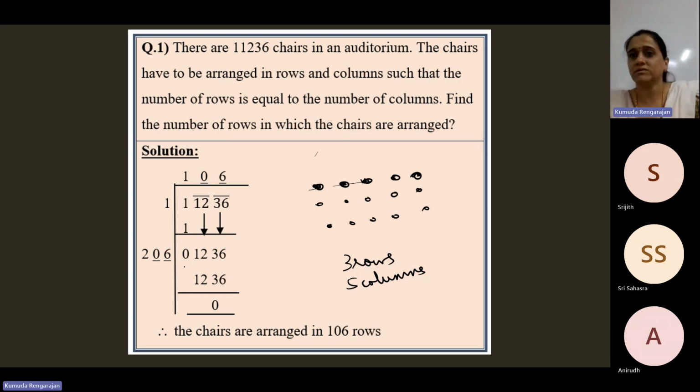Okay, remember that. Number of rows is different. Number of objects in each row is the number of columns. Once more, number of rows is number of rows. Number of objects in each row represents the number of columns.